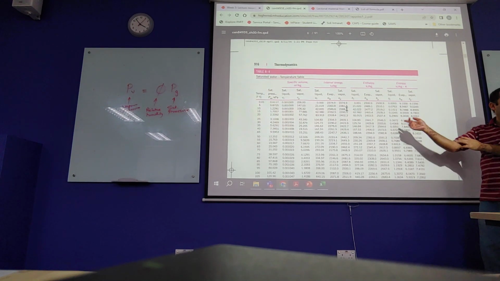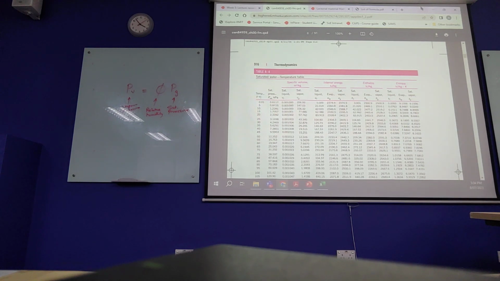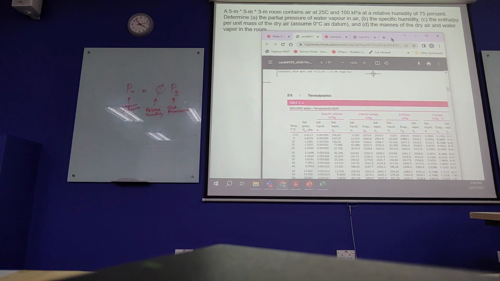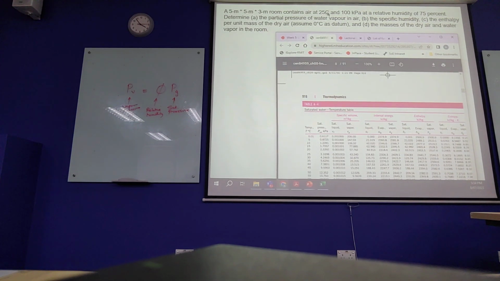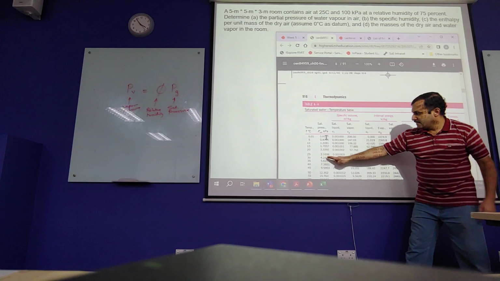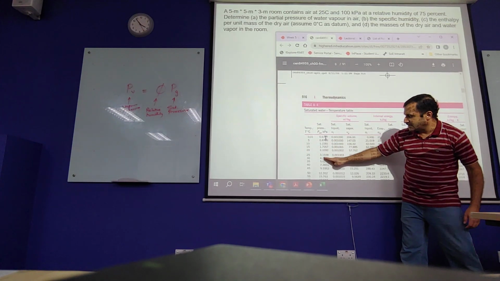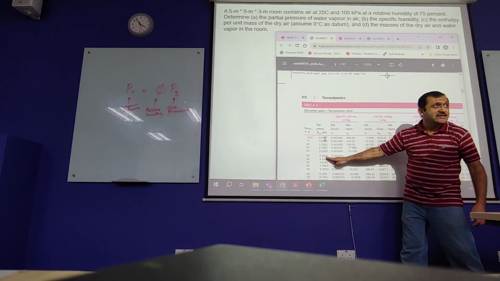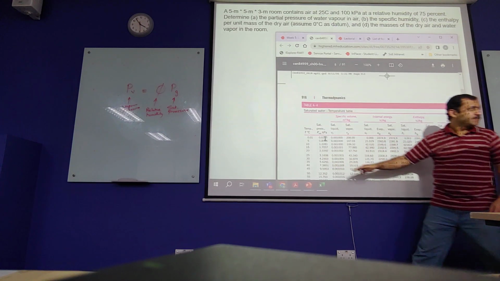Now, in the question, the temperature of the room is 25 degrees Celsius. So if you go to 25, we find the P saturation, 3.1698. I'll zoom in.